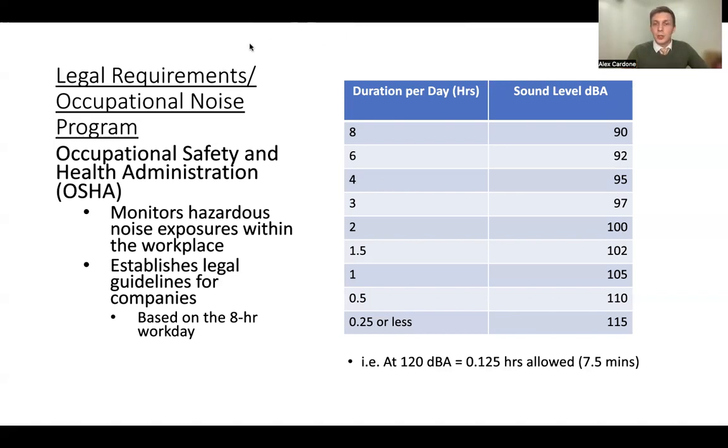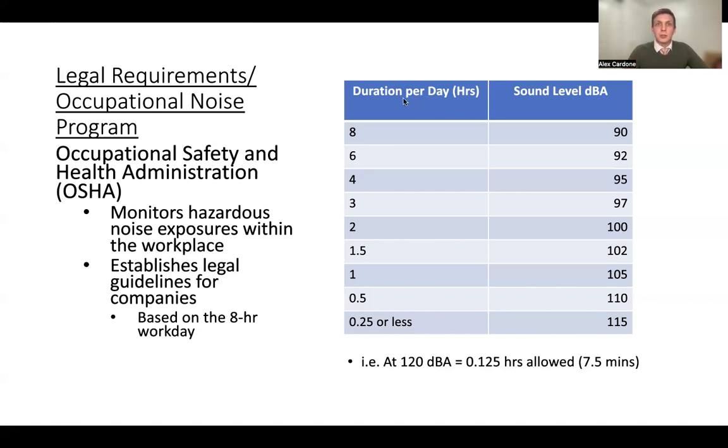Whenever we're talking about noise, this graph here on the right illustrates that OSHA has defined that you could be exposed to a certain level of noise, typically expressed in intensity or energy, such as dBA, or dB standing for decibels. You can withstand a certain level of decibels for a certain period of time.